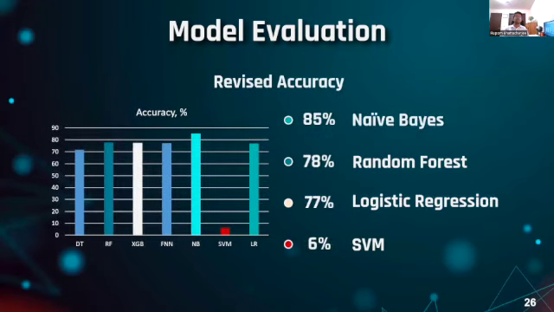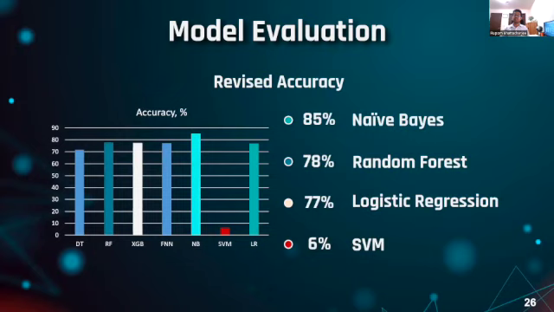So this shows you the revised accuracy when hospital is not one of the input features. Though we found a decrease in the accuracy after removing the variable hospital, this actually gives a better representation of the model performance. We might have a lower accuracy than most of the other groups who have done this work, but this actually shows the true representation of the model performance.